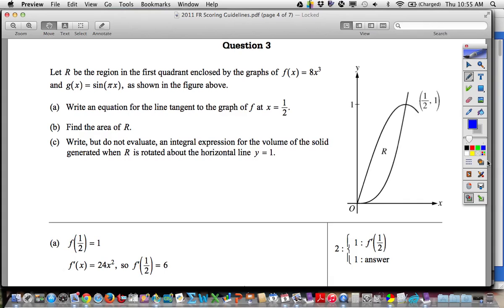All right, problem number 3 in 2011. We're going to do part C that we have not done yet.